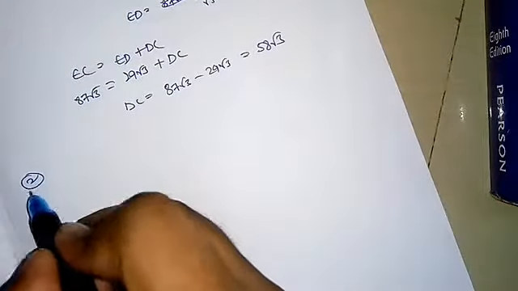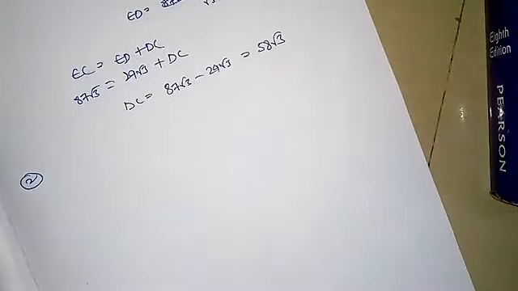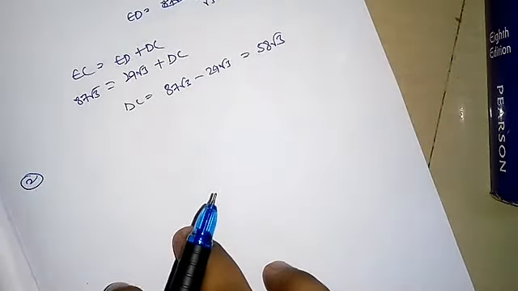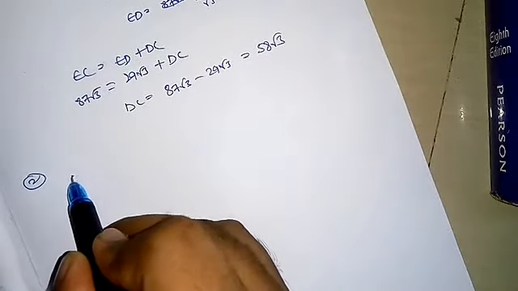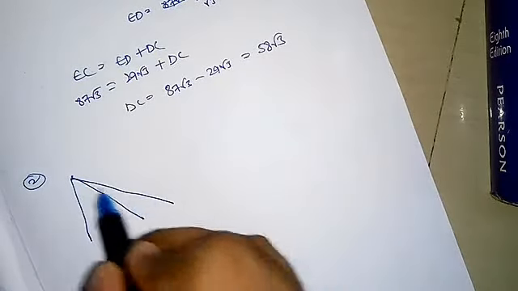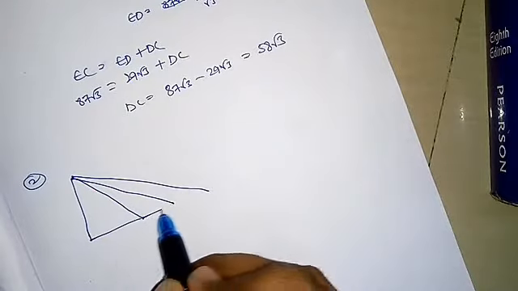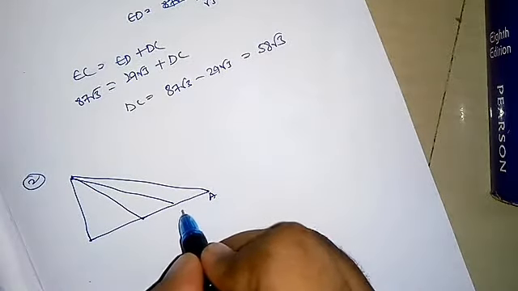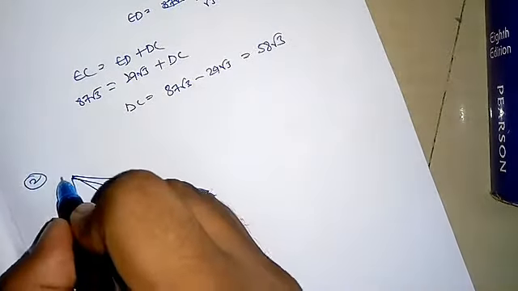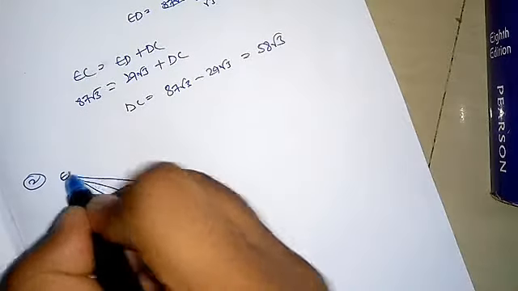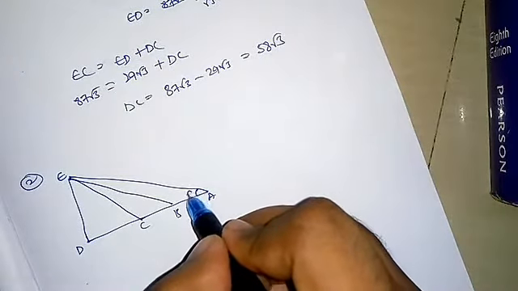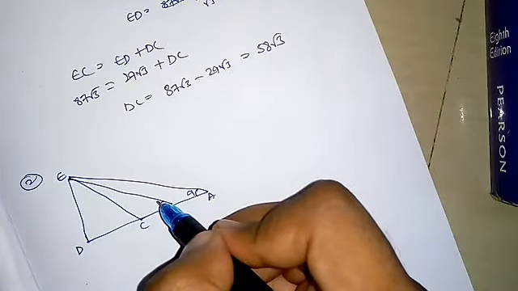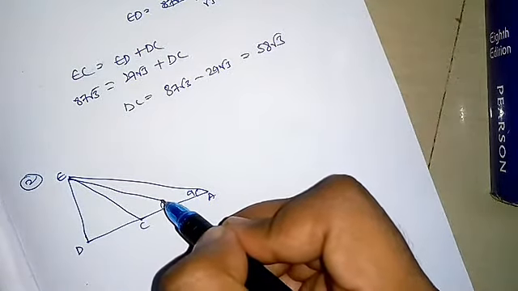Let's do the second question. The angle of elevation of the top of a lighthouse from three boats A, B, C, and let this be D and E. A, B, C are in a straight line on the same side of the lighthouse, with angles A, 2A, 3A.